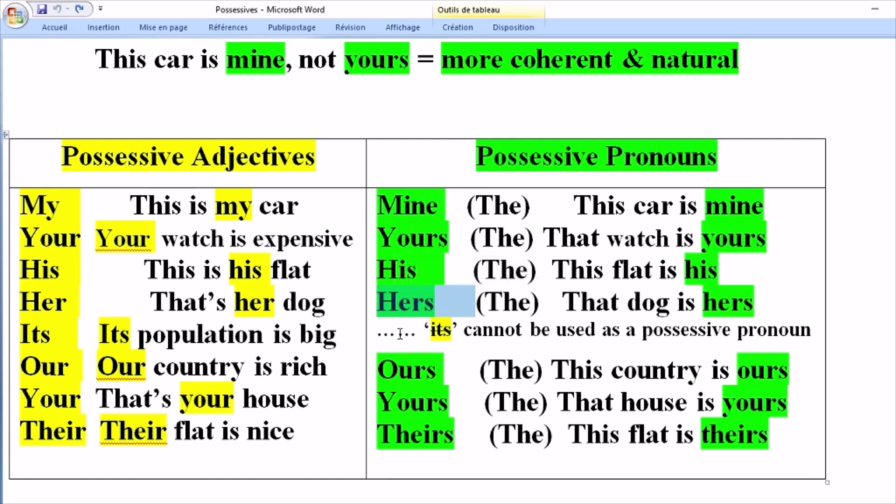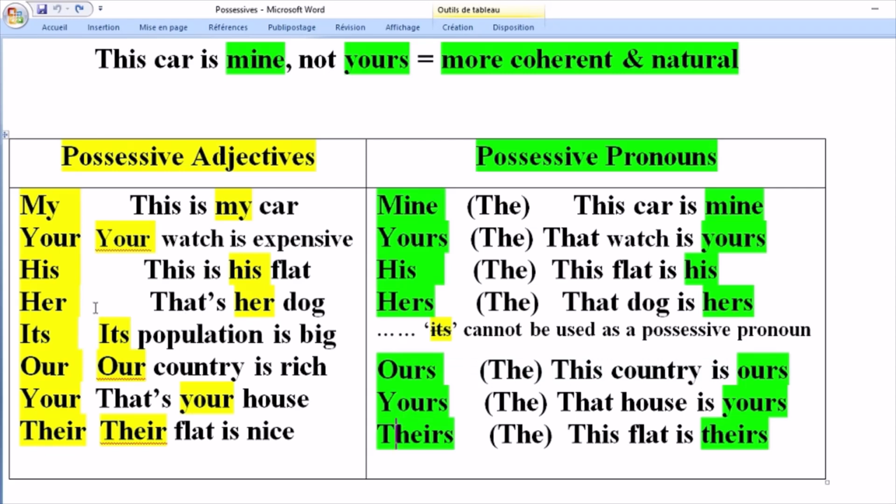But please remember, its cannot be used as a possessive pronoun. It is a possessive adjective, yes, but it cannot be used as a possessive pronoun. And the next, ours, yours, and theirs. So these are the possessive pronouns.